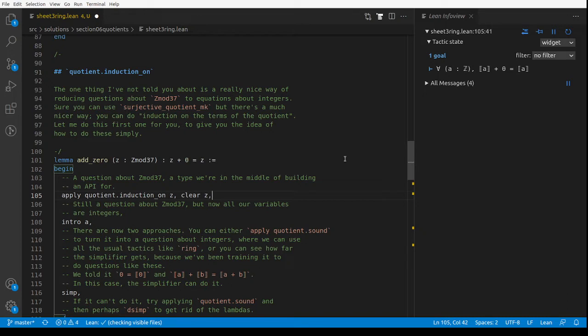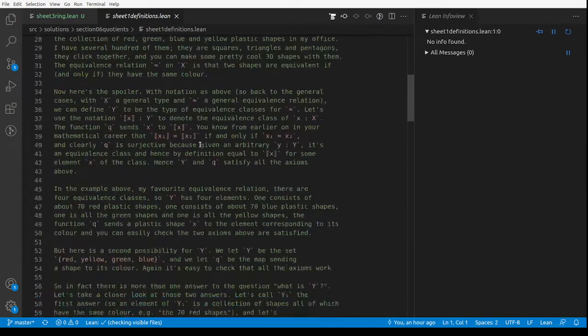Terrific. Where was I? Oh yeah, so now we've got an integer, so now we can do intro a. But now this is still a question about z mod 37. So what we'd like to do is apply something like, do you remember quotient dot sound? Let me just save this and pop over to here. Where did I show you quotient?